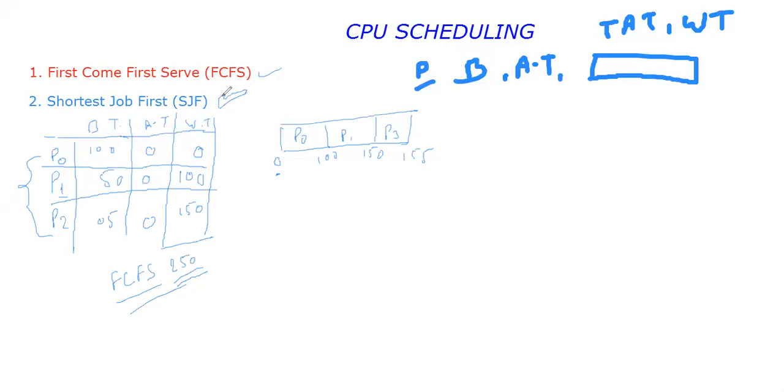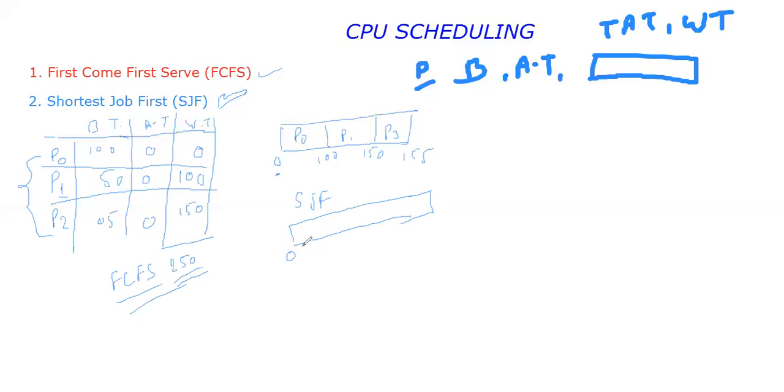Now, let's try to prove how shortest job first is better, especially in this kind of scenario. So I am going to design the chart for SJF. Again, I am going to start with 0 because my arrival time is 0.